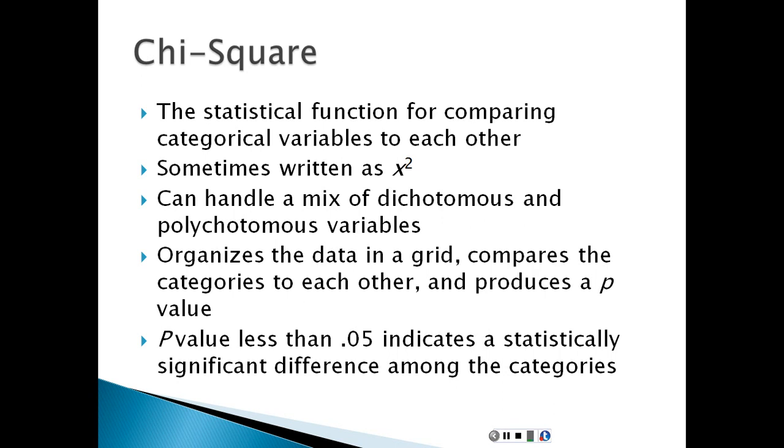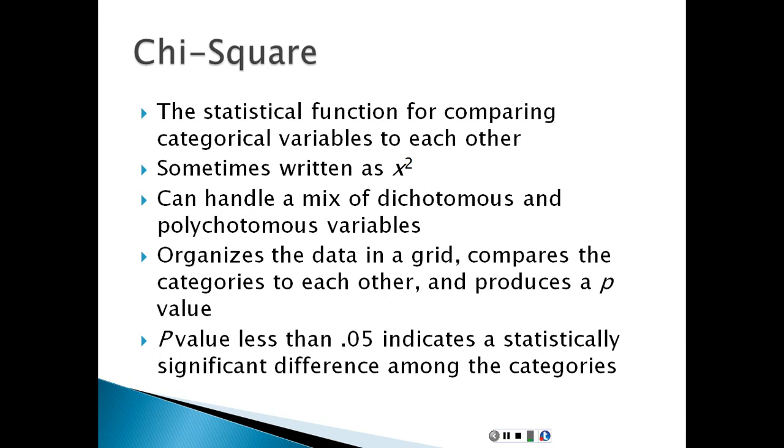And fortunately, the chi-square does not need you to specify how many categories are in each variable. So when you're placing in those variables to run your analysis in SPSS, it really does not matter how many categories each variable has. You just place your categories in, and SPSS will do the rest.